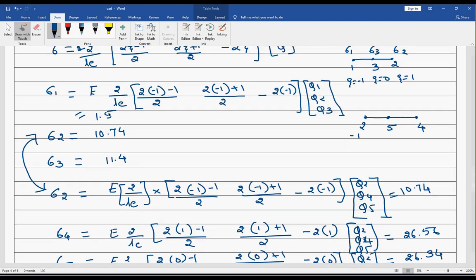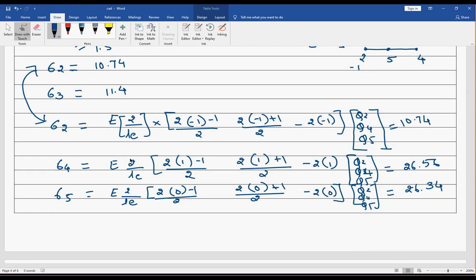So sigma 1 is less than sigma 2, whose value is 10.474, and sigma 3 is 11.4. So I think these values must be swapped. Sigma 2 will be larger than sigma 3, so that we have to observe.